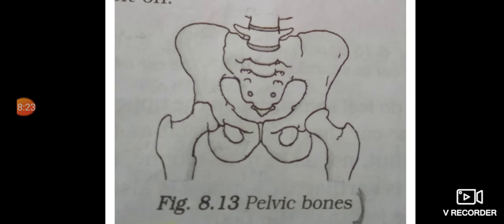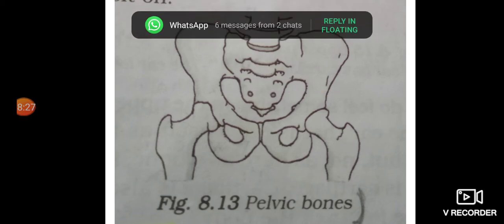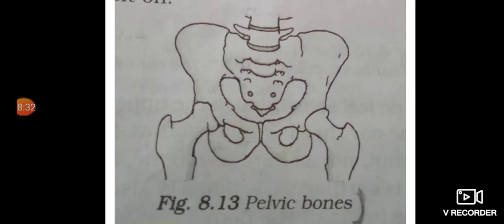This is the part you sit on. Okay. What is this called? Pelvic bone. So this figure 8.13 is the pelvic bone.